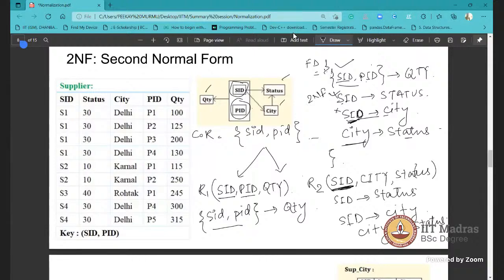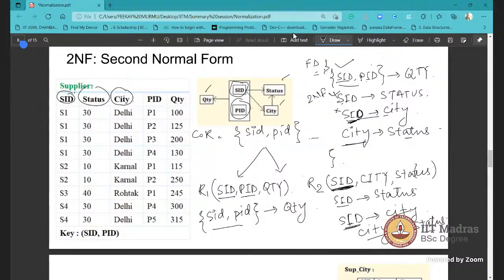So here you can see, SID is a supplier ID, and the city has the status. This attribute is the supplier ID and where the supplier lives, and this particular one is the status of that city.